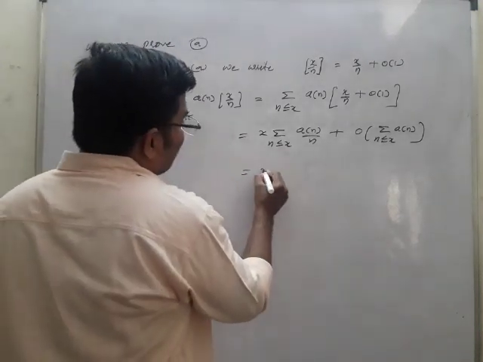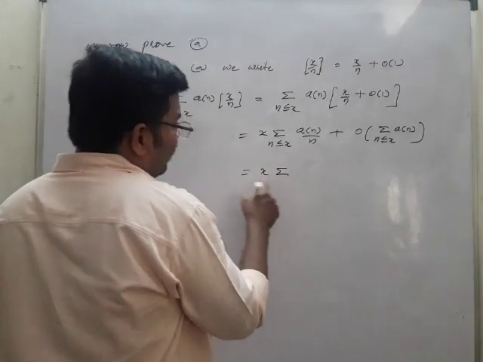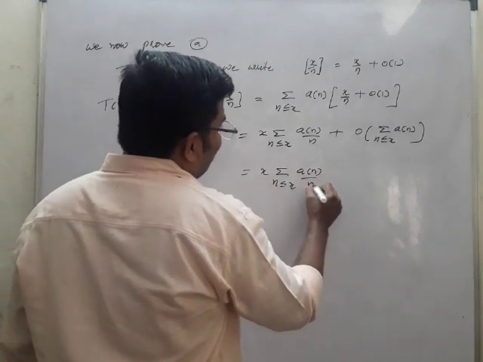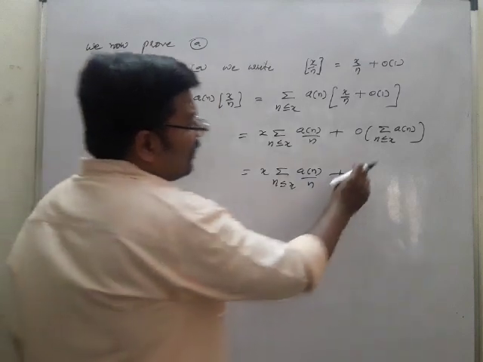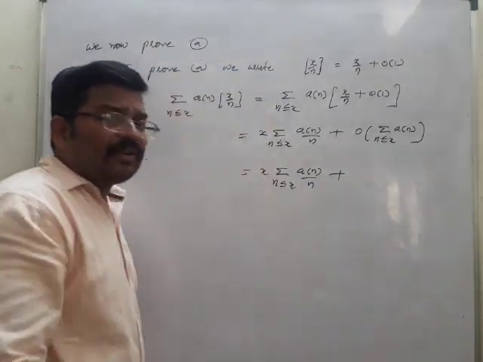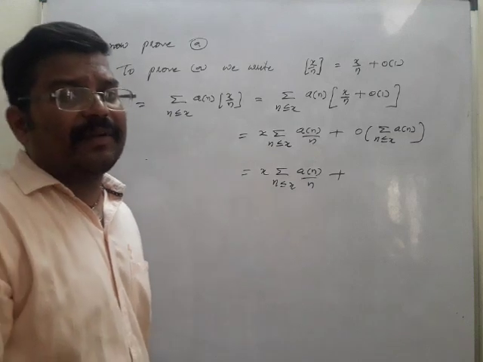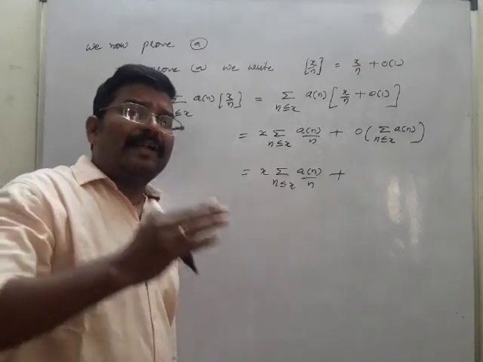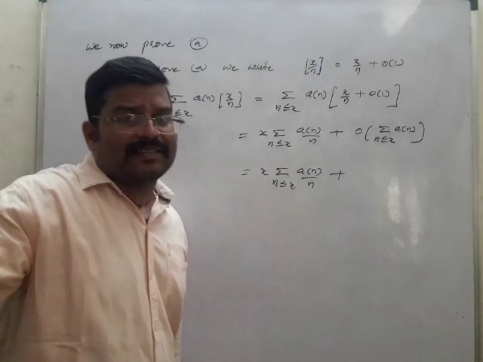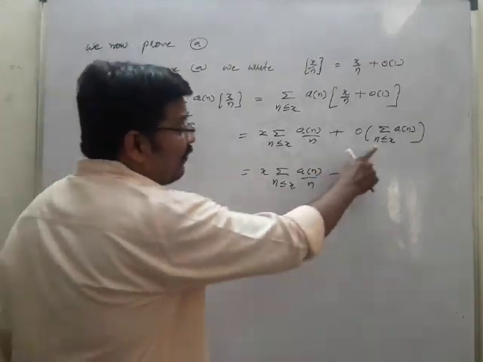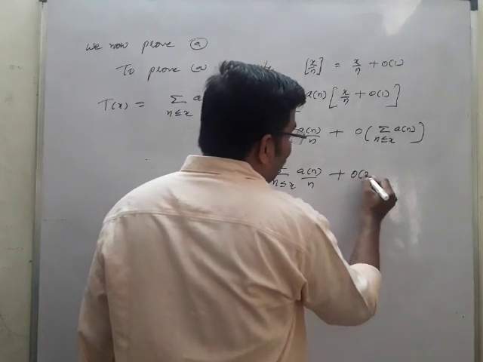So x into summation n less than or equal to x, a of n by n, plus big O of x. Now, whatever value of n you take, it should be less than or equal to x, so the ultimate value is only x. x is the largest value, therefore we take big O of x.